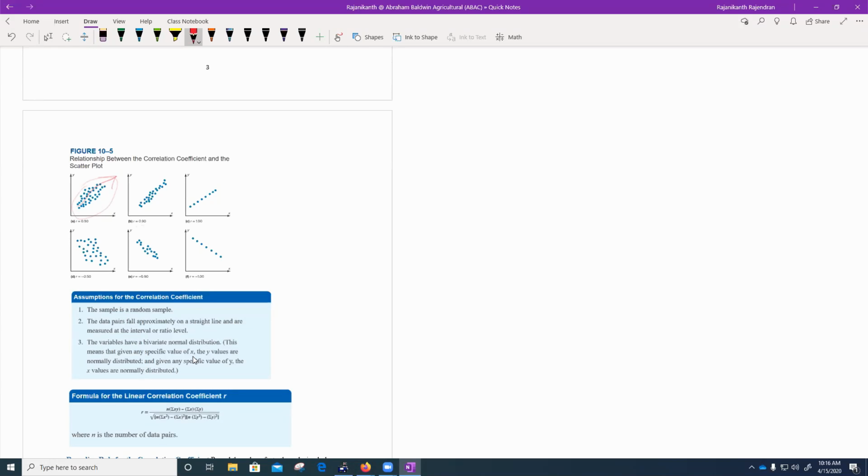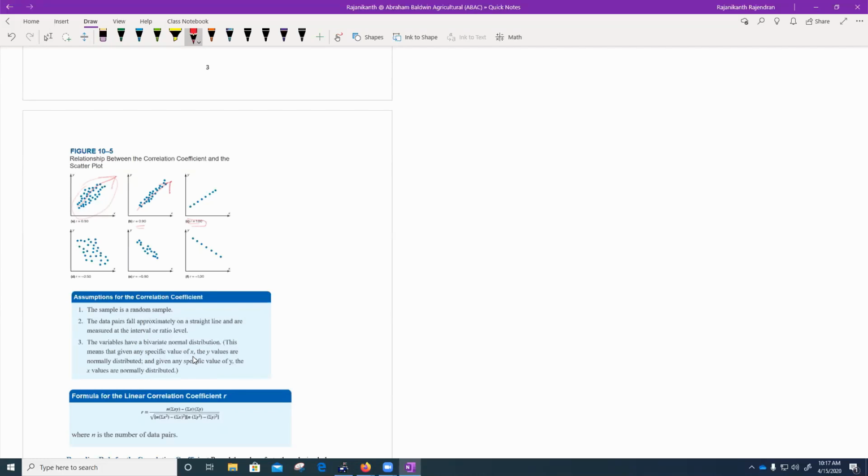Now look at my second picture. r is very close to 1, right? So that means it has a strong positive linear relationship. So it's moving in the positive direction, but very strong. If r is 1, that means it is exactly linear, like a line, right? All the points are fitting on one straight line. So if we have a case like this, then our correlation coefficient is 1.